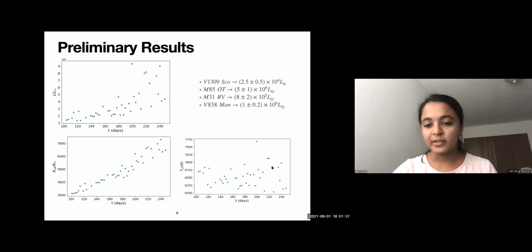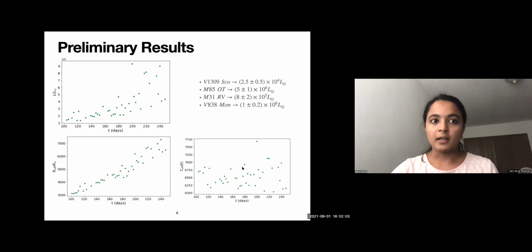So in the near future, our plan is to refine our method and the simulation to better estimate the temperature, so that we can reduce this error in the luminosity. And what we see here is that the luminosity magnitude is in the range of other possible intermediate luminosity optical transients.